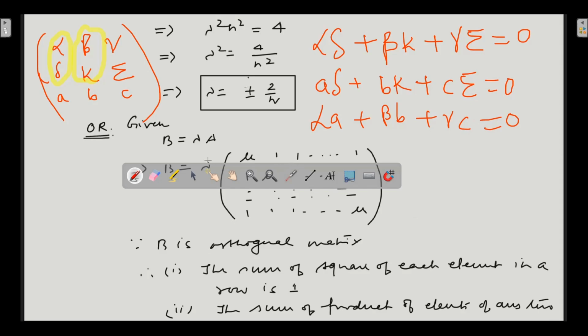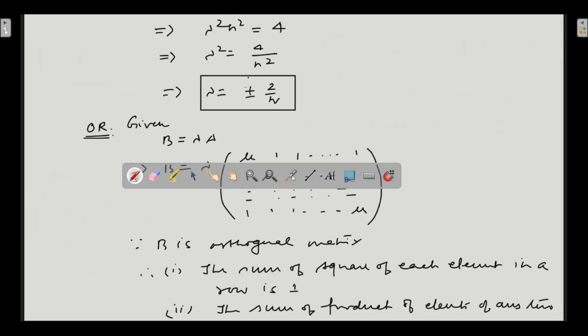So in total we got 6 equations. Out of those 6 equations, 3 satisfied condition number 1 and the other 3 satisfied condition number 2. So let us apply these conditions over this particular matrix and understand it in a better way.